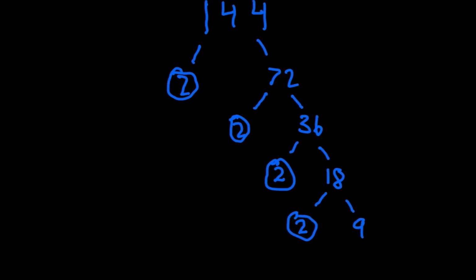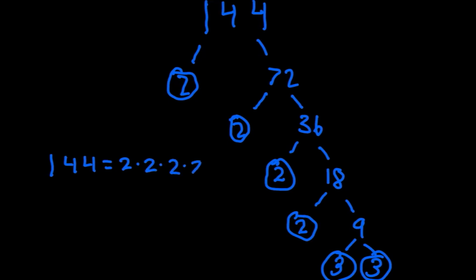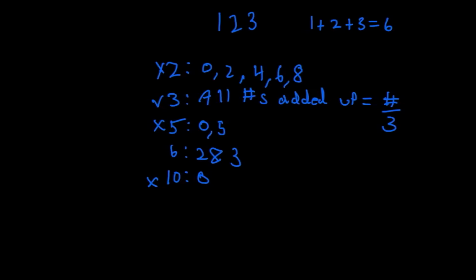I can't do that process one more time, but the factors of 9 are both 3, so I'm going to get 3 and 3. Since those are both prime, I'm going to circle both of them. And then we have our final answer of 144 equals 2 times 2 times 2 times 2 times 3 times 3.